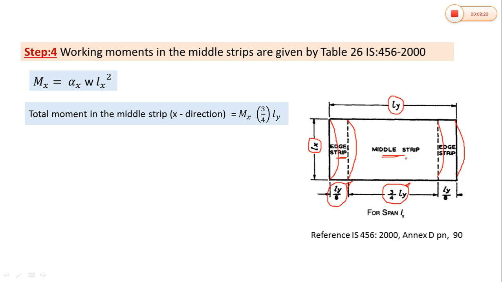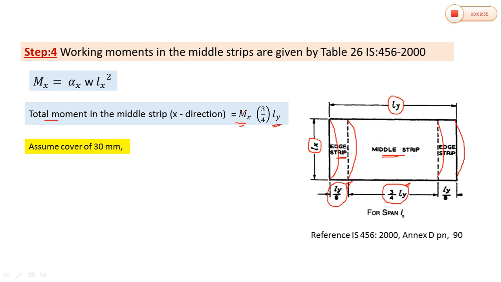So for the entire middle strip, to find the total moment, we need to multiply this unit moment by the total span of the middle strip. The total moment in the middle strip is nothing but the total span of the middle strip into the unit moment.